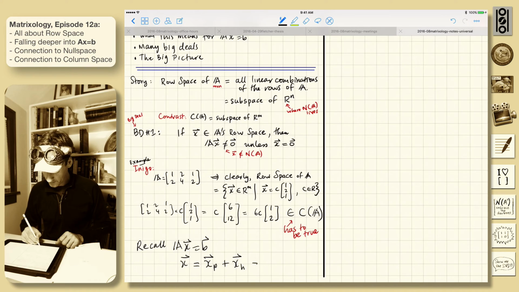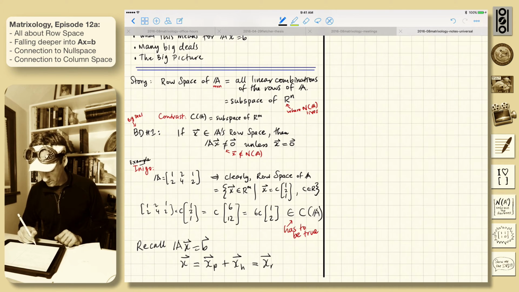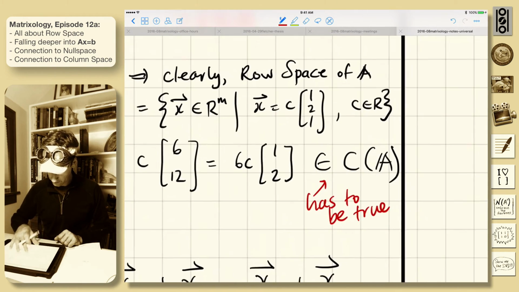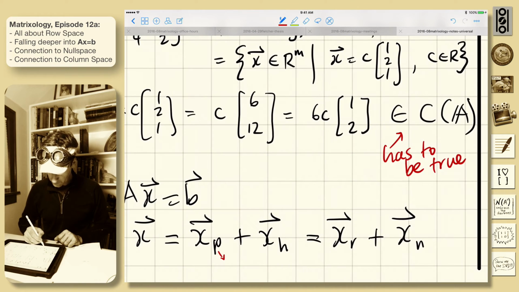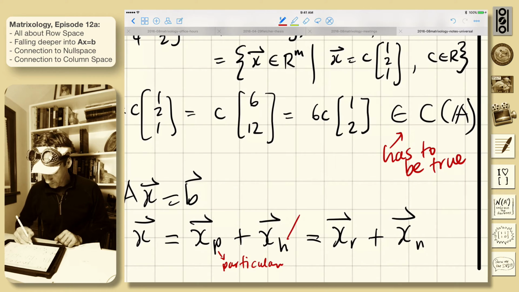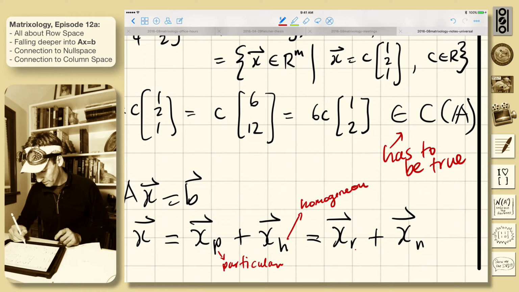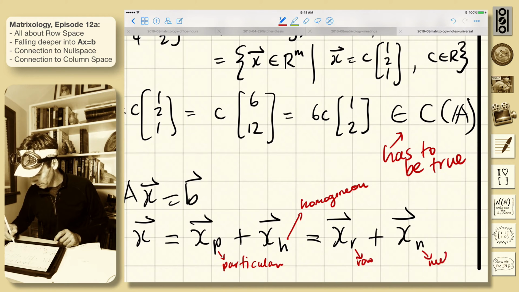I said we'll find that this is Xr for row, and this is Xn for null space. So let me annotate those things a little bit. This is particular, and this one is homogeneous, it solves the null space equation. We're trying to bring all these things together. This is row, and this is null.